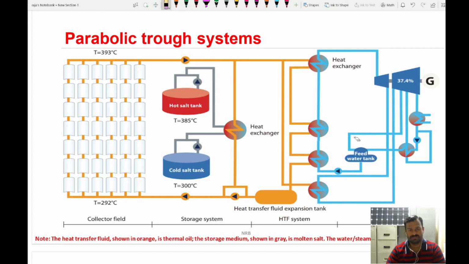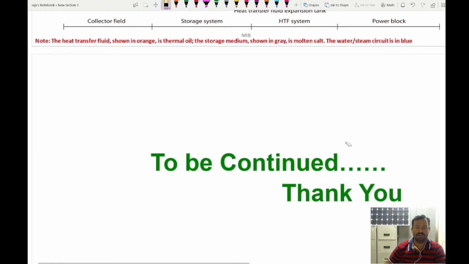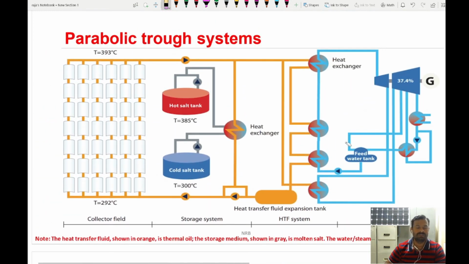In the other case, when the sunlight or solar irradiance is not available, the energy stored in the hot salt tank is used to raise the temperature of the heat transfer fluid, and this is used to produce high pressure steam. Using the high pressure steam, we produce the electricity in the generator part. So this is about the parabolic trough system.